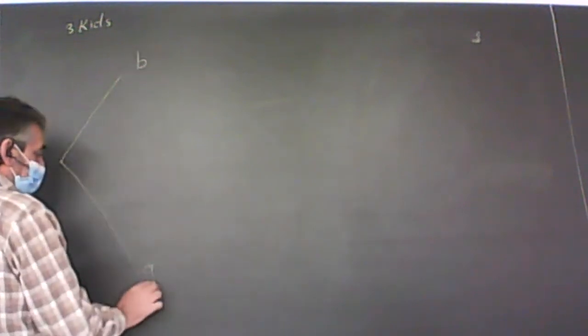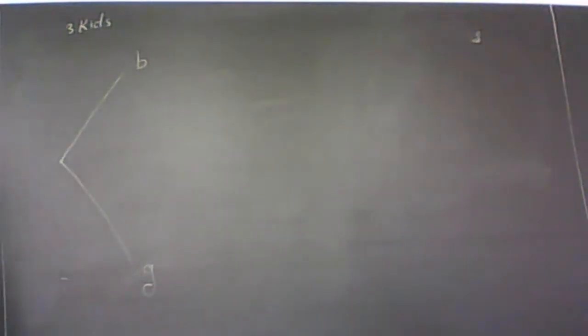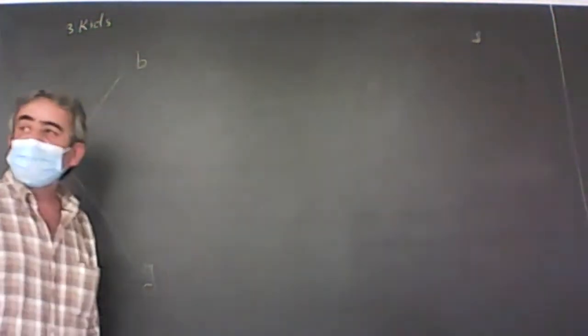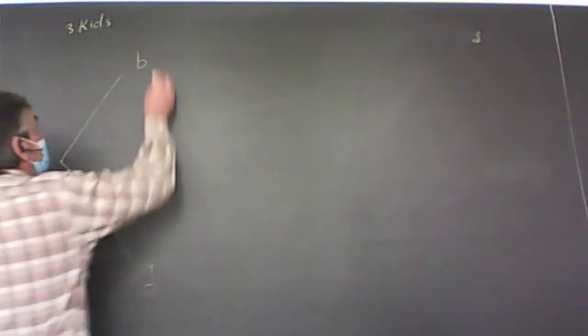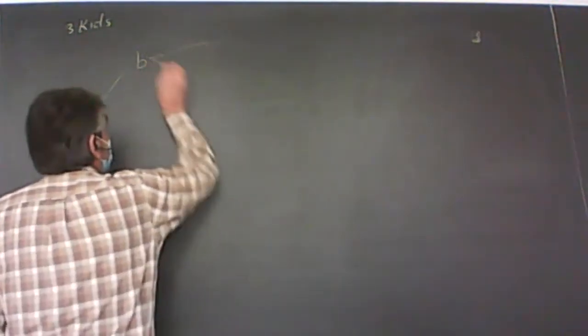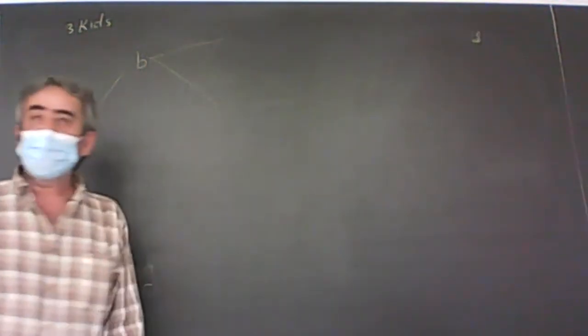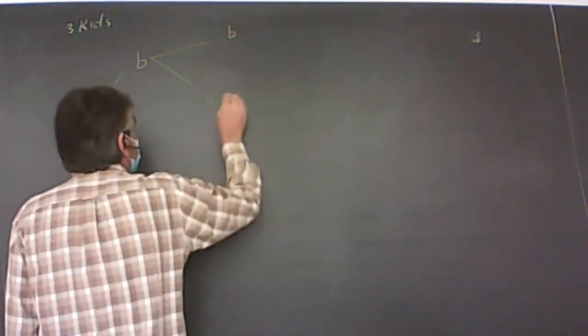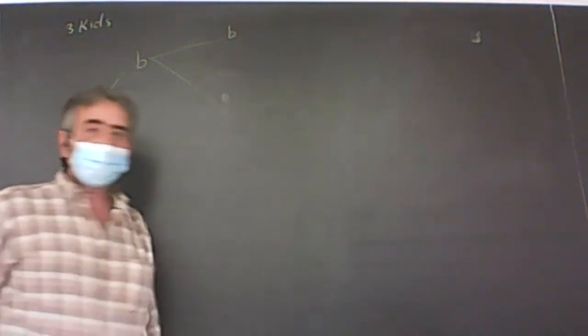Boy over here, girl. After they have the first boy, the second child could also be a boy or a girl. So now we have a boy here or a girl here.